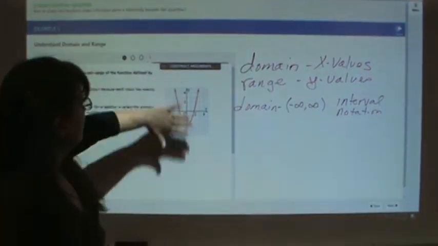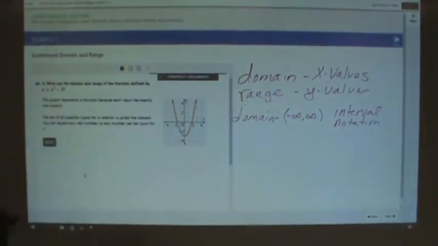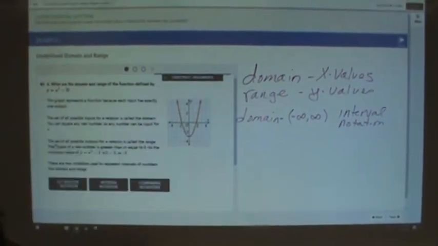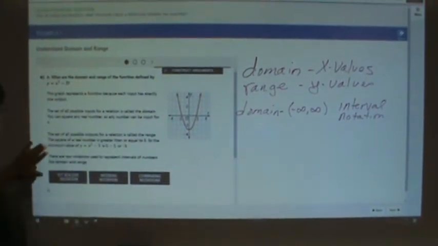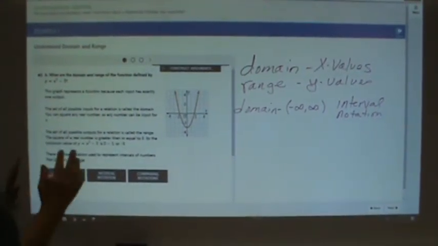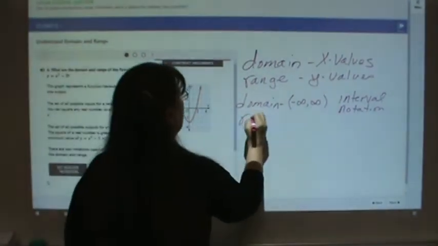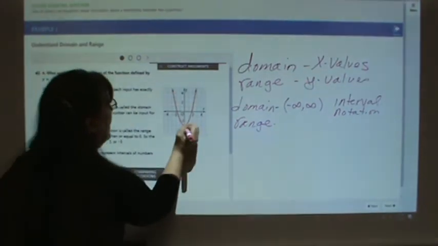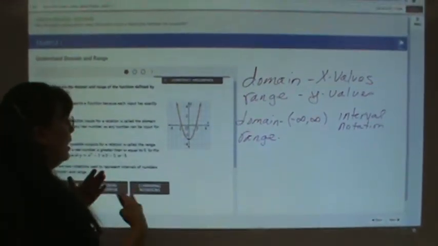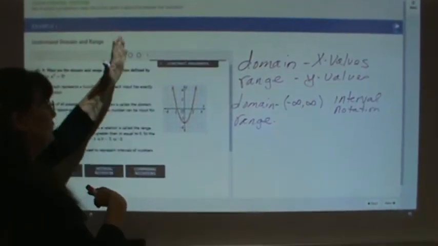All right, also I see here, next, the set of all possible outputs for this relation is called the range. That's the y value. So the range here is going to be -3, all of the values from -3 to infinity.